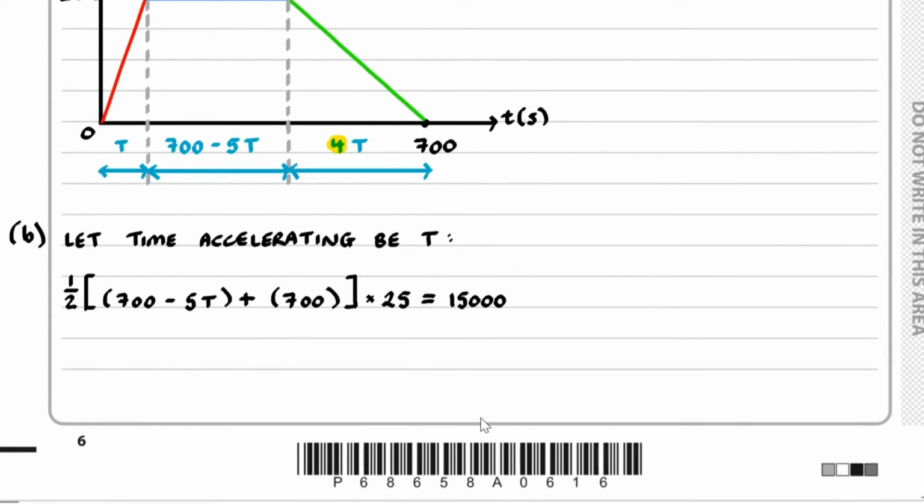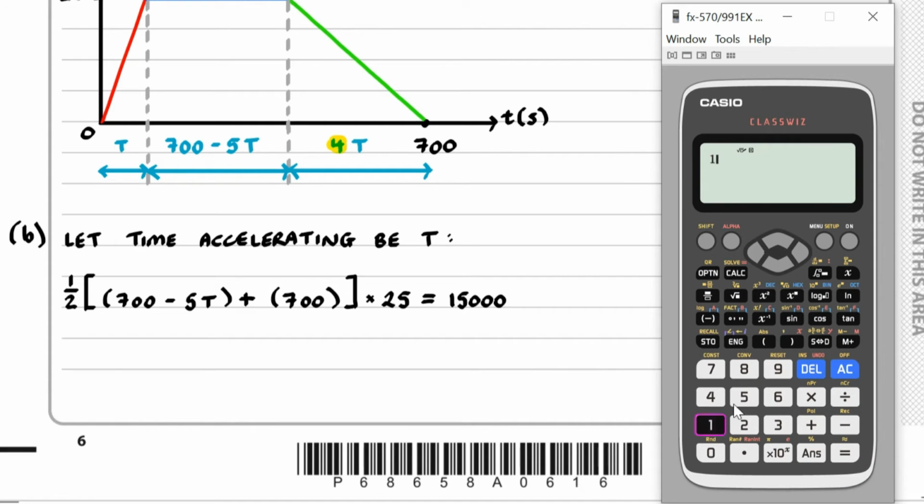So now let's try to simplify this. 15,000 divided by 25, that's 600, and if I multiply this by 2, we get 1,200, and that will equal 1,400 subtract 5t.